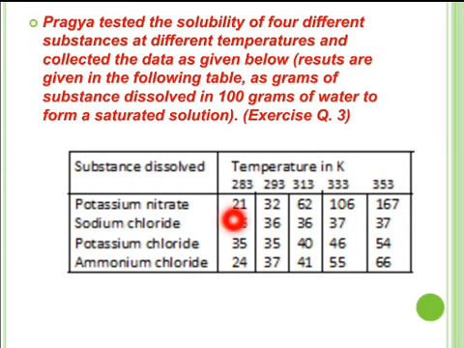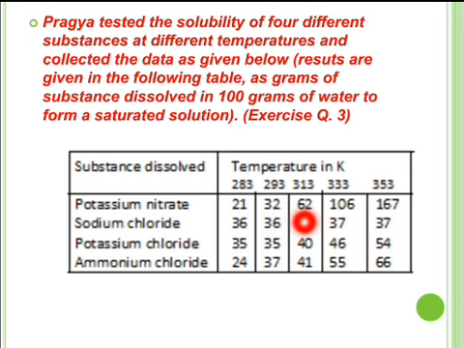For example, potassium nitrate at 283 Kelvin, 21 grams of potassium nitrate can be dissolved in 100 grams of water at 283 Kelvin. But when the temperature is increased from 283 to 293 Kelvin, in the same solvent, 100 grams of water, 32 grams of potassium nitrate can be dissolved.